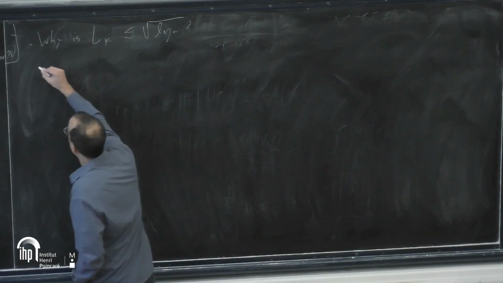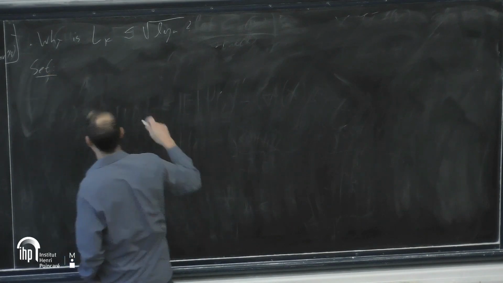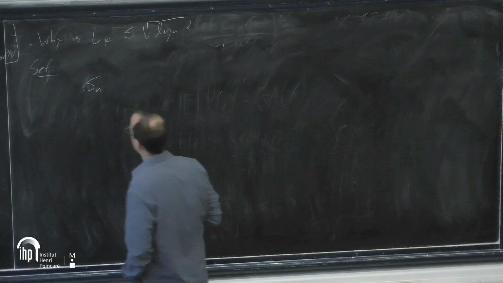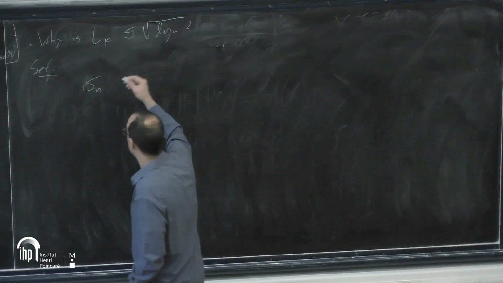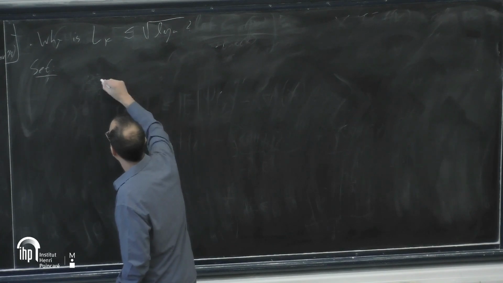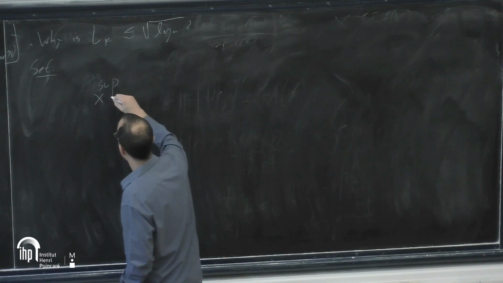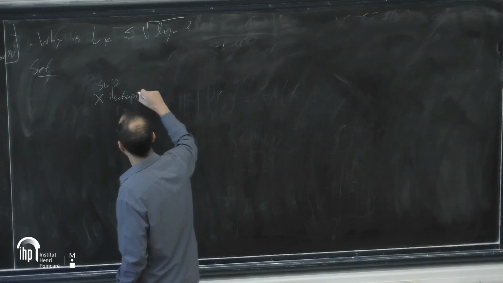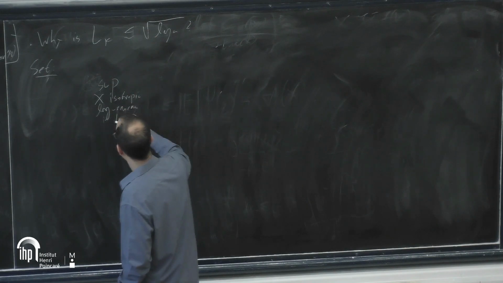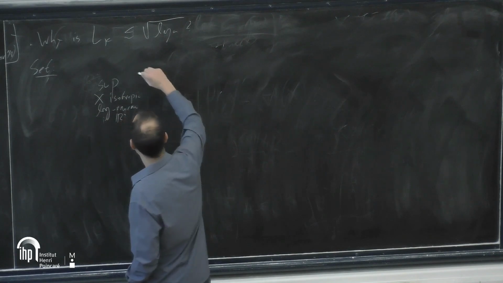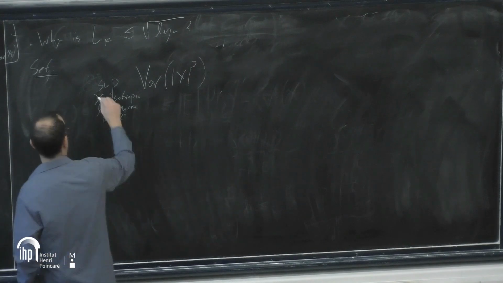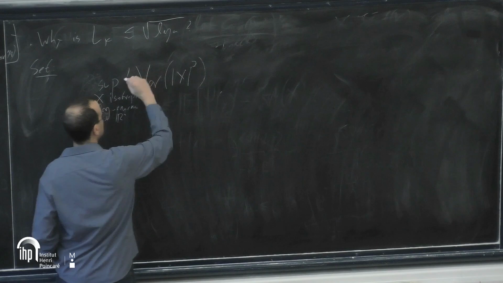So we begin by defining, this is a small variant of a definition of Joseph from yesterday. He put S and I put sigma n. So maybe sigma is in Greek and S is in Latin, but it is the same letter. Let's write the supremum over all isotropic log-concave random vectors in R^n of the variance of |X|^2, and divide by n.